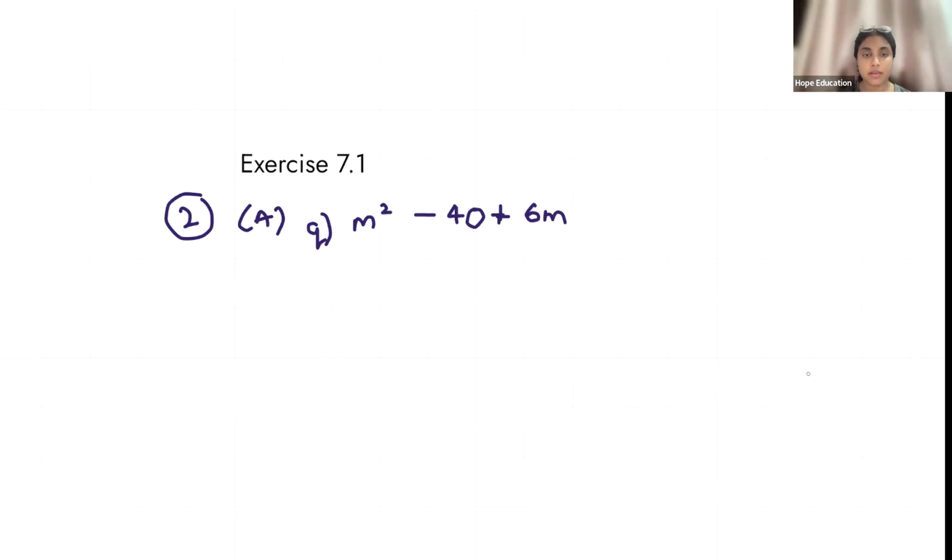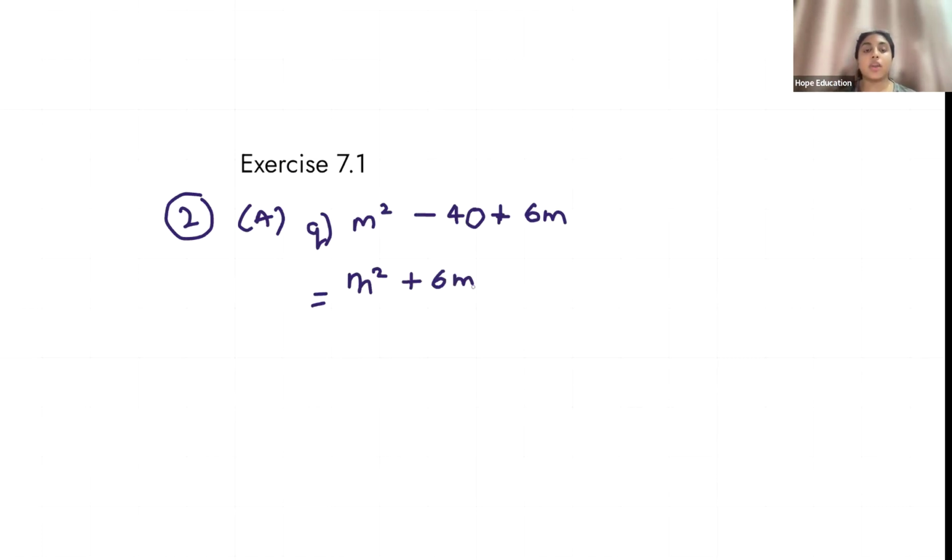M squared, this 6m I'm going to bring to the front, plus 6m. And minus 40, I'm going to put it at the back. Minus 40. Like this. Now, this is something that we're familiar with.